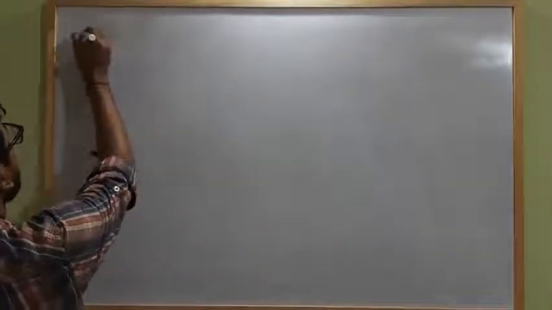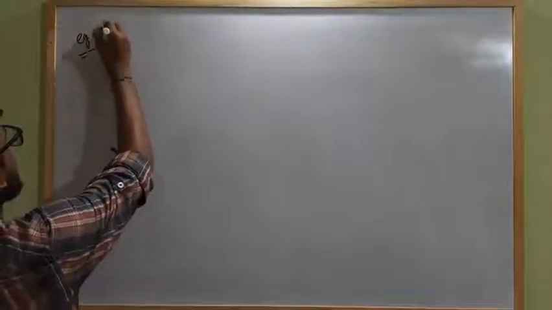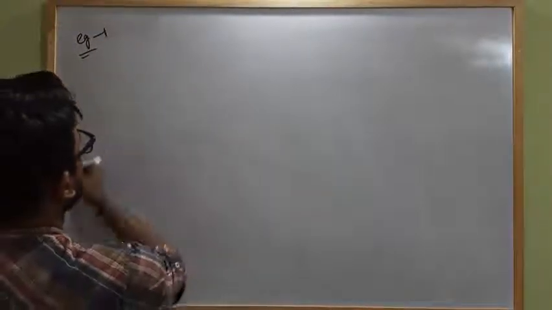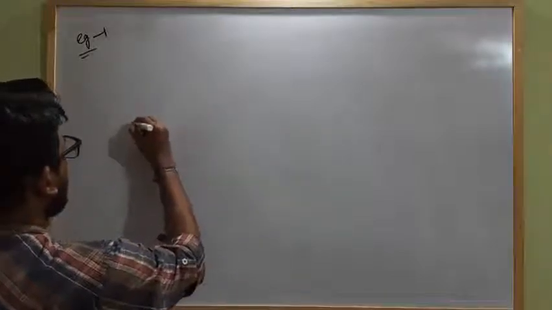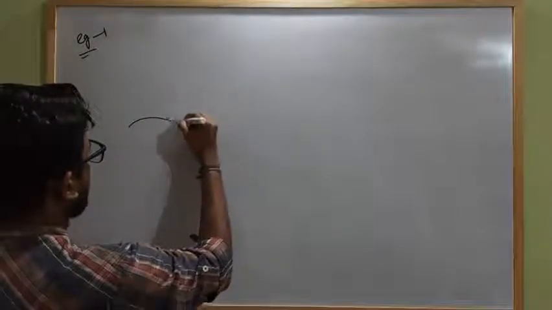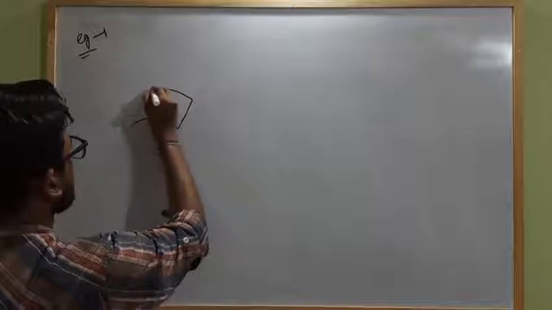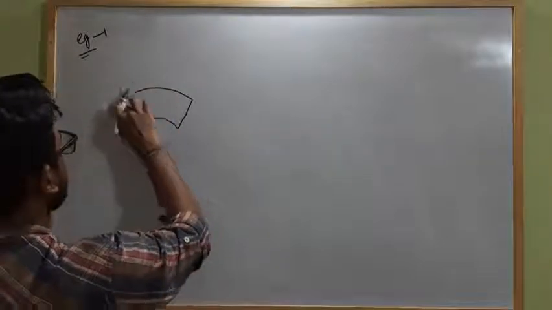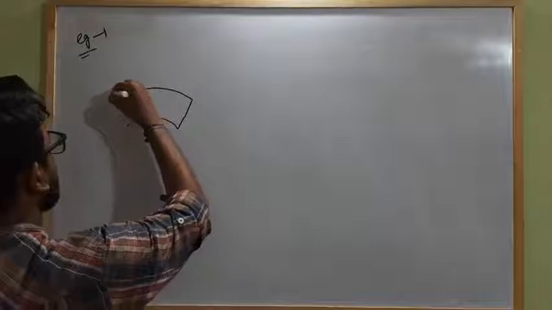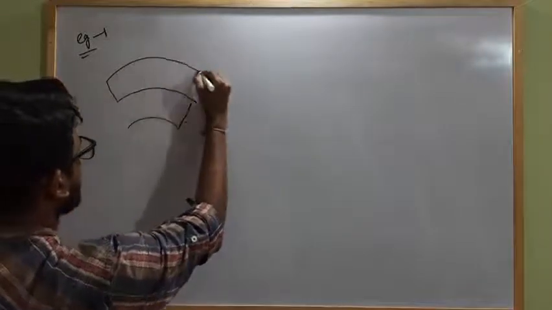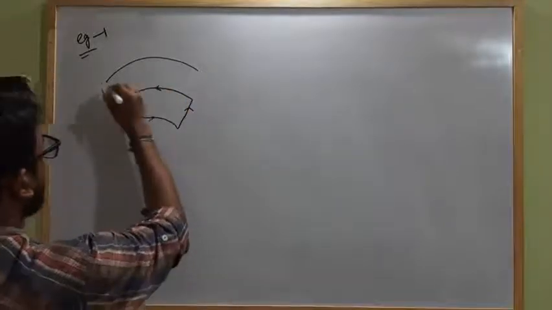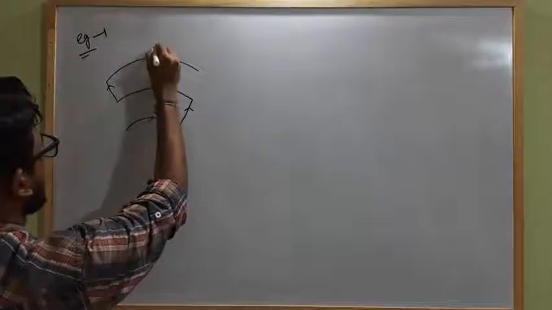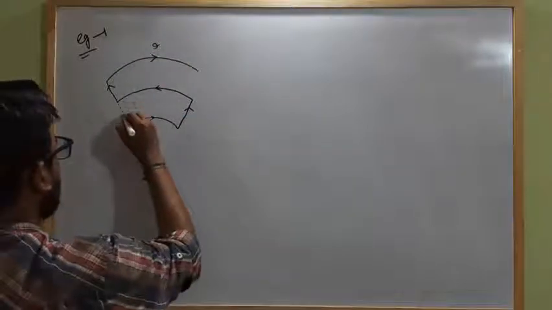So let's take an example for today. First example, let's consider there is a circular current carrying conductor which carries current I in this way, and this segment.